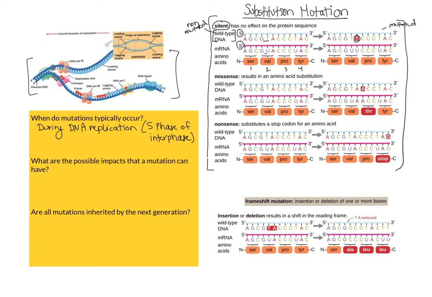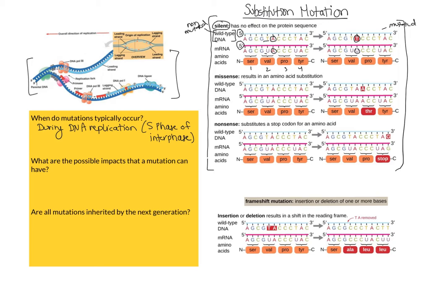You'll notice that on this top strand, there used to be an A, and it's been substituted instead for a T. And the impact that that's going to have is on the mRNA, where there used to be an A, now there is a U. And so in that second codon specifically, now you have GUU where there used to be GUA.